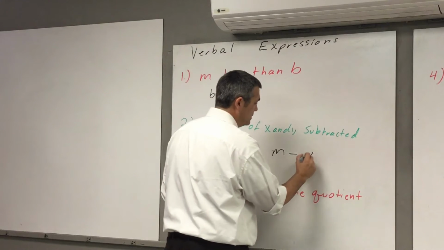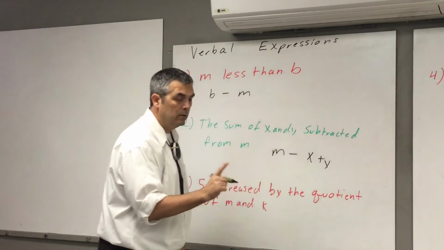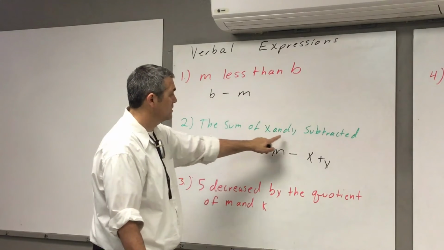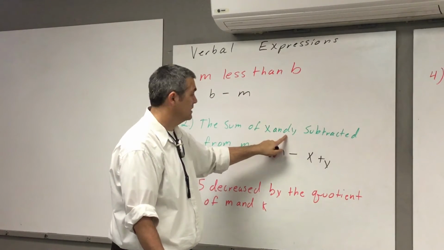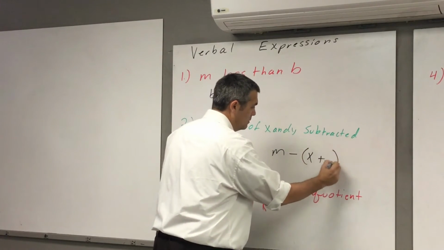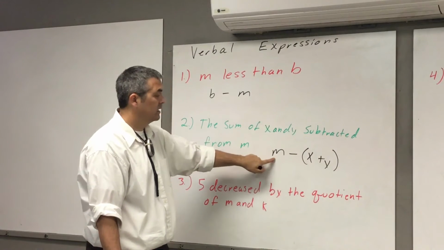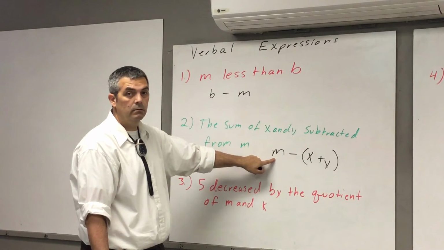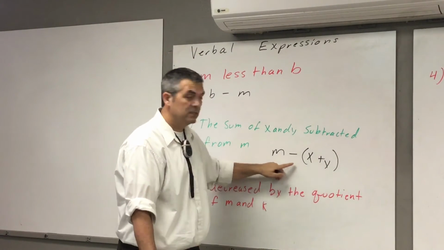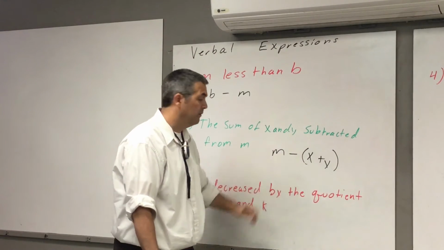So we got x plus y, but wait, you got to be careful. The sum of x and y is getting subtracted from M. So this goes in parentheses, because you're going to do this first, then you're going to subtract it from this. Okay? Watch that. This makes a huge difference. These parentheses here change everything. Be careful. Watch that.